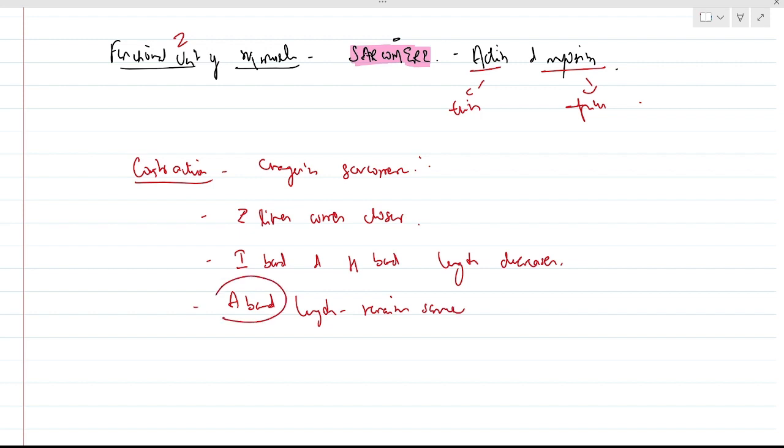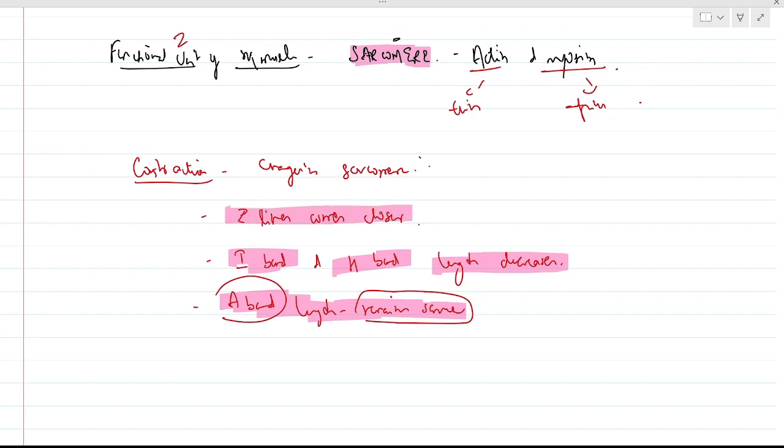This is the A band, comprising thick myosin filaments along with overlapping actin filaments. This length remains the same. Most important point: A band length remains the same, I band and H band length decreases, and Z lines come closer. And what is our sarcomere? Our sarcomere is from one Z line to the other, with two Z lines at the extremes and one M line in the middle.